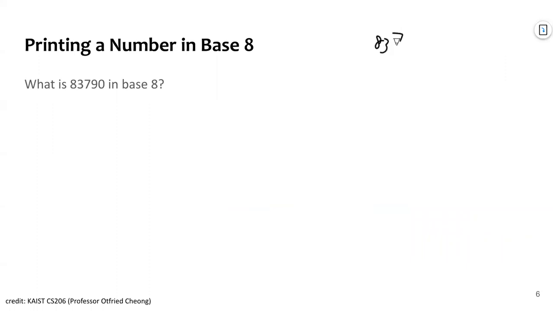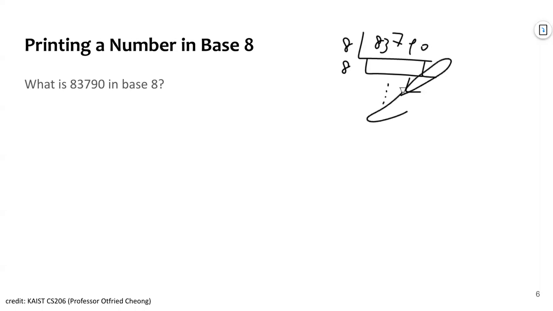We write down this number here, and we divide this by 8, and we find the remainder, and we do the division again, and find the next remainder, and we keep on doing this, and write the remainders in sequence, and that is going to be this number in base 8, right? We know how to do this by hand.